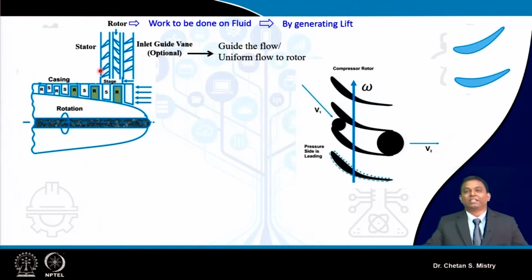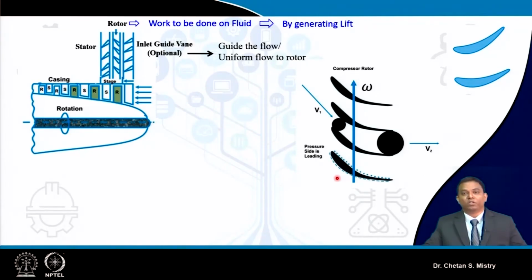So let's see. This represents the aerofoil of the compressor blade. This is my entry and this is my exit, and as we have discussed, the passage will be a diffusing passage. Here on this aerofoil, this is represented with a positive sign and this with a negative sign.